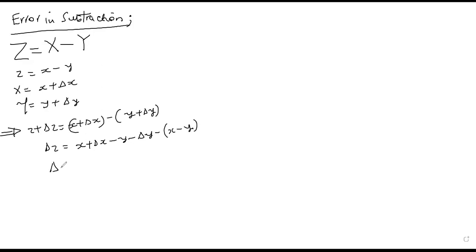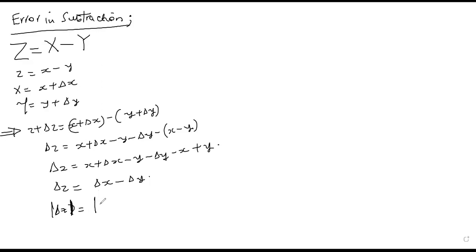So this will be delta z is equal to x plus delta x minus y minus delta y minus x plus y. So this one will reduce to delta z is equal to delta x minus delta y. All right, so if you take the magnitude of delta z here, it is equal to the magnitude of delta x plus negative delta y.